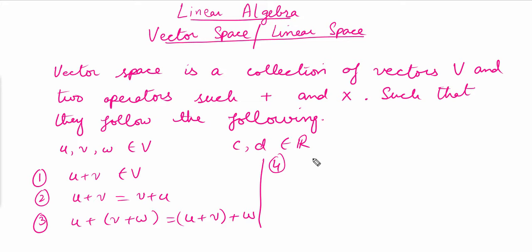The fourth property says that 0 belongs to the vector space. If there is a null vector or zero vector, it belongs to the vector space. So if we add 0 to any vector, we will get the same vector.